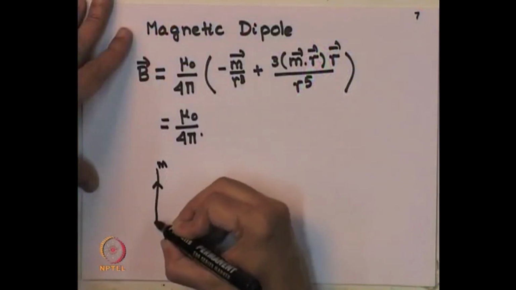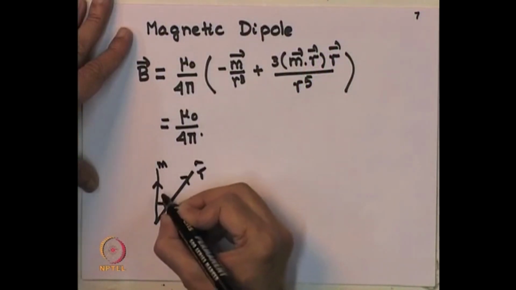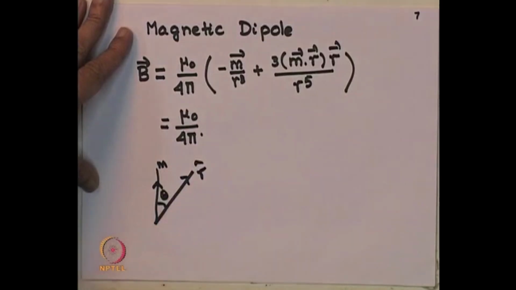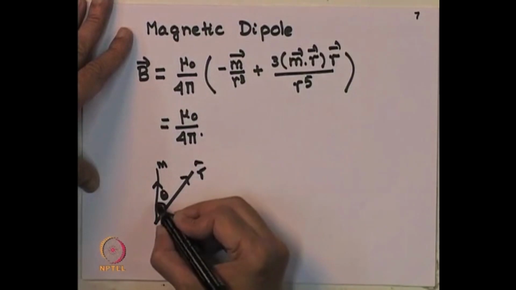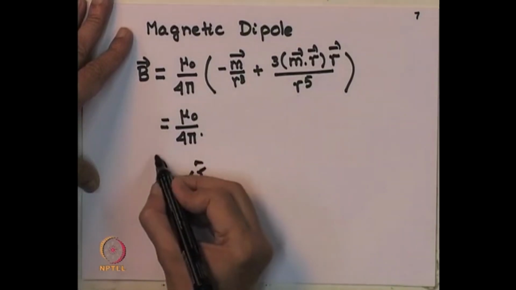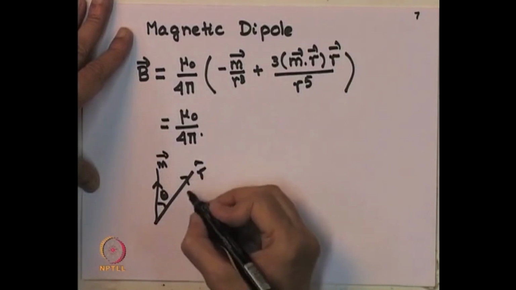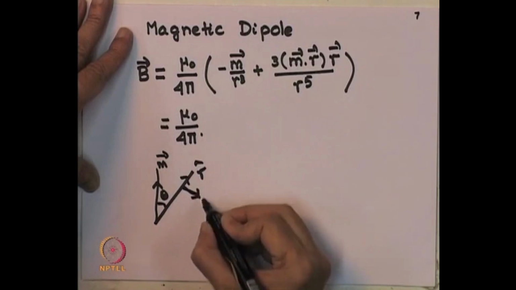So, basically I have a magnetic moment m there and a vector r there. This angle is theta, and remember that this angle is measured from the direction of the magnetic moment, which is taken to be along the z axis. As a result, the unit vector theta is along this direction.